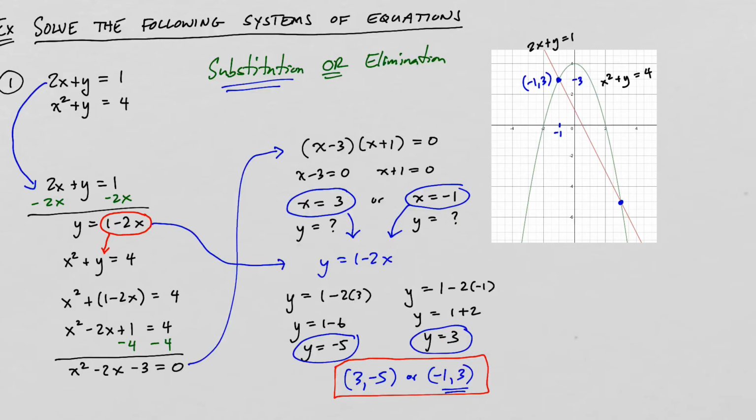And the second point has an x-coordinate of 3 and a y-coordinate of negative 5, and so that is the point (3, negative 5), which is this one down here. Okay? So we can graphically verify our solutions.